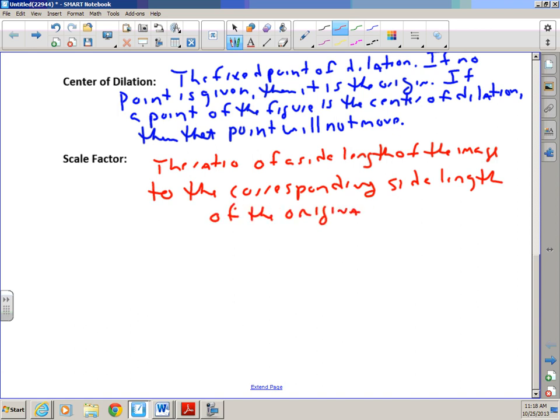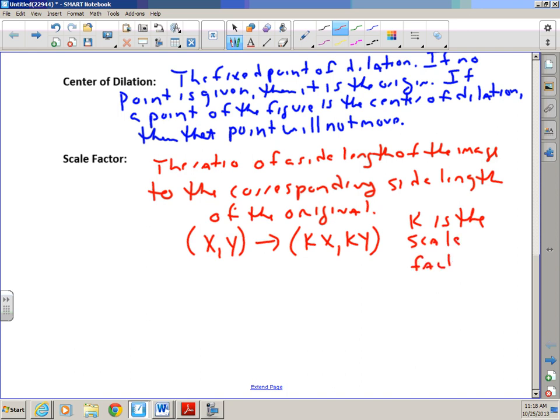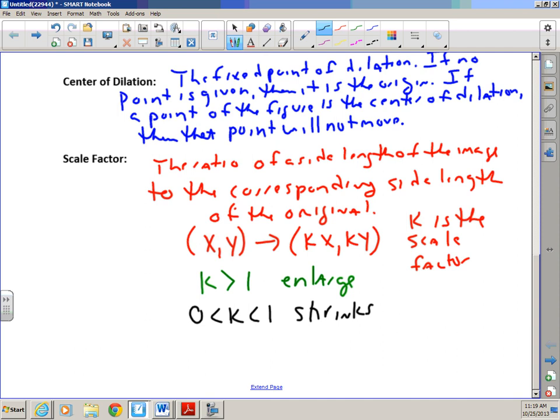In notation form, the way we write it is that x, y get multiplied by some constant k, and k is the scale factor. Now, thinking logically, if k is greater than 1, it's going to enlarge the figure. If k is greater than 0 but less than 1, so a number like a half or a third, then it shrinks it. We're not going to deal with negatives in this course.